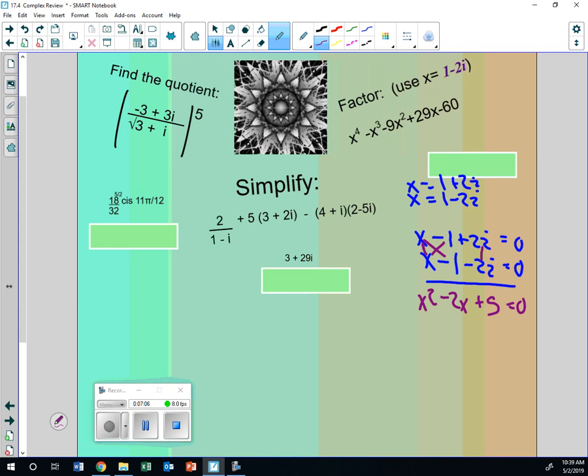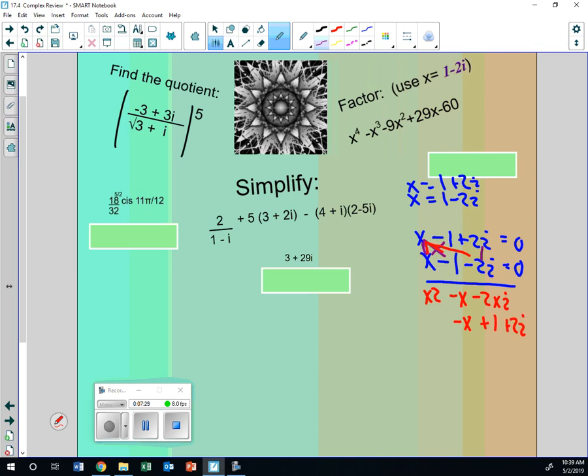Or do it the long way, what we had talked about. You take the x times x is x squared. x times negative 1 is negative x. Negative 2xi. Is this part okay? And you just go ahead and do that. Negative x plus 1 plus 2i.